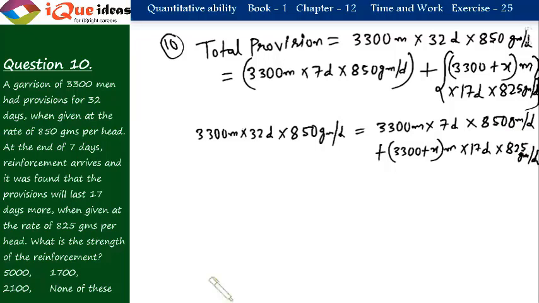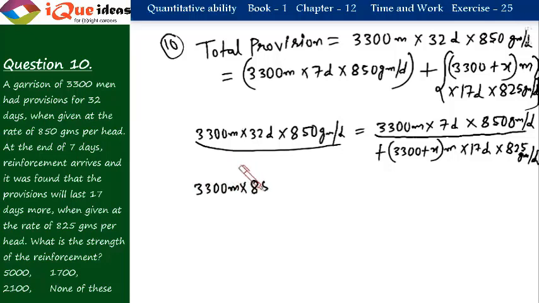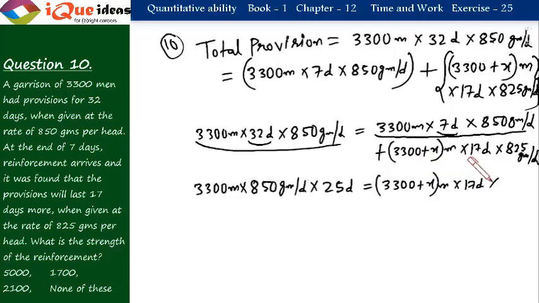Alright, now either you can multiply, or what you can do, bring this whole thing to this side and take 3,300 into 850 common. So you will get 3,300 men into 850 grams per day into 32 days minus 7 days will be 25 days. And the other side is the same, 3,300 plus x men into 17 days into 825 grams per day.